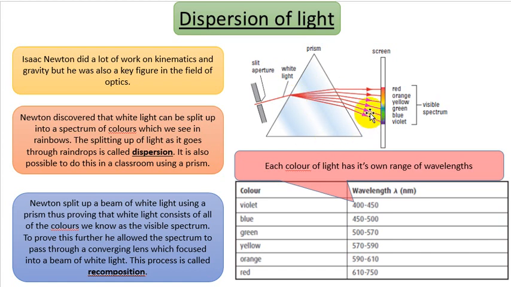So splitting into different colors is called dispersion of the light. Why do we get different colors when white light travels through the prism? Because when the light travels through the prism, it bends, it refracts, and its wavelength and speed change.